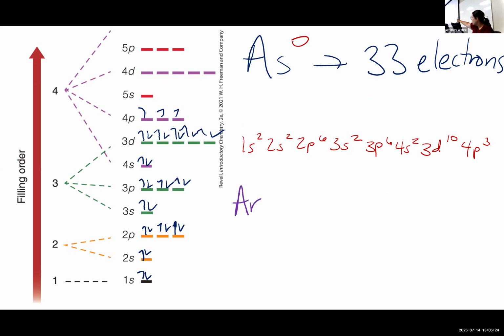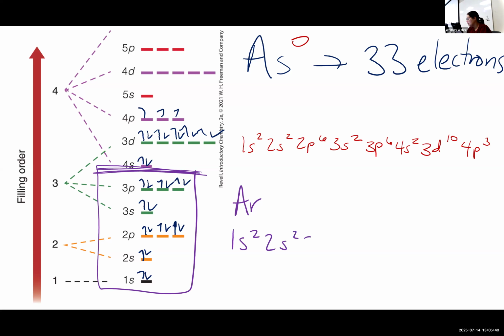If I was to write an electron configuration from argon, it would stop here. This is argon because it has 18 electrons, and argon would look like this: 1s2, 2s2, 2p6, 3s2, 3p6. That's argon, right?